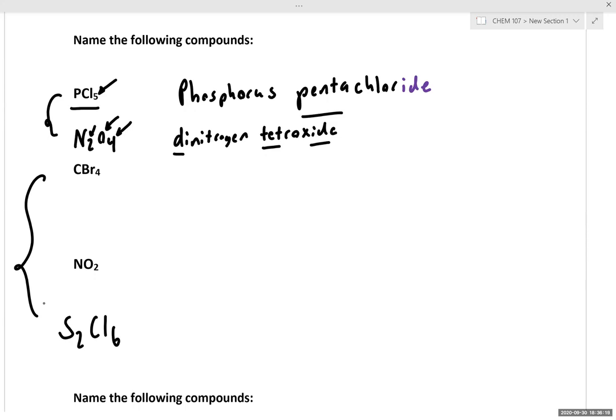I would highly suggest submitting your proposed names for each of these compounds, as it allows me to structure my feedback and address common student mistakes. And we'll discuss in about another minute.